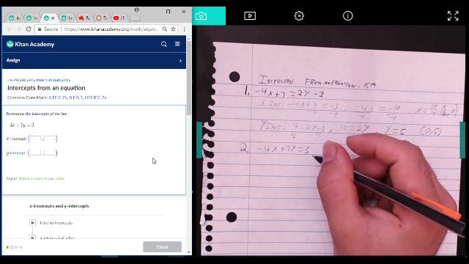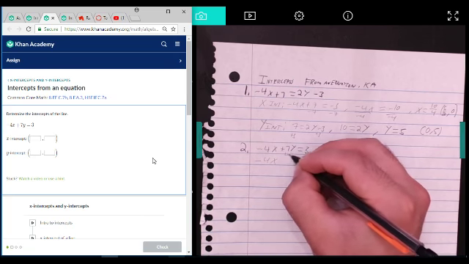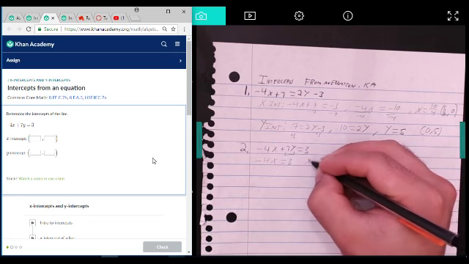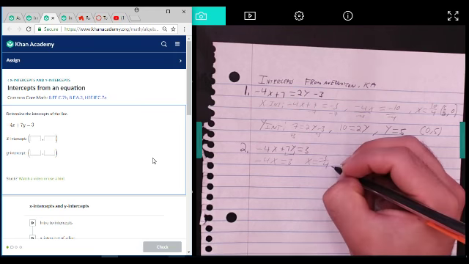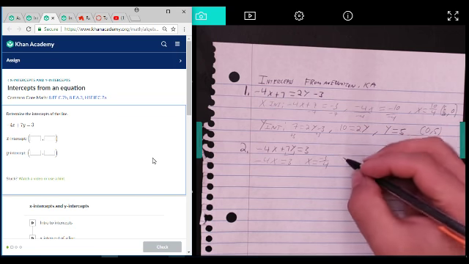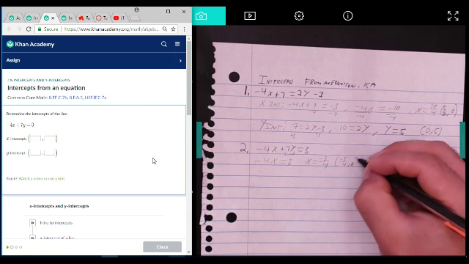So for the x-intercept, y is 0, so we'll have negative 4x, 7y times 0 is just 0, so we can ignore it, is equal to 3. So x is equal to negative 3/4. So our x-intercept is negative 3/4, 0.